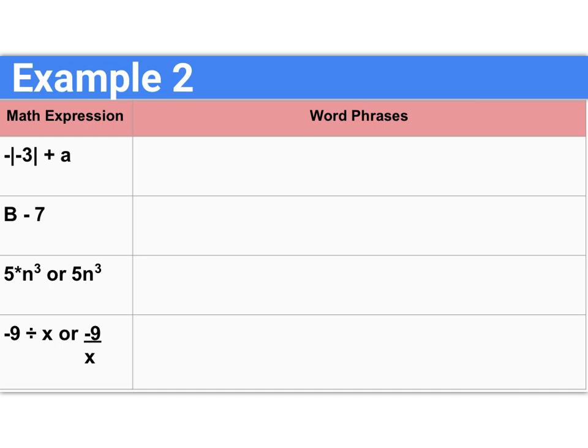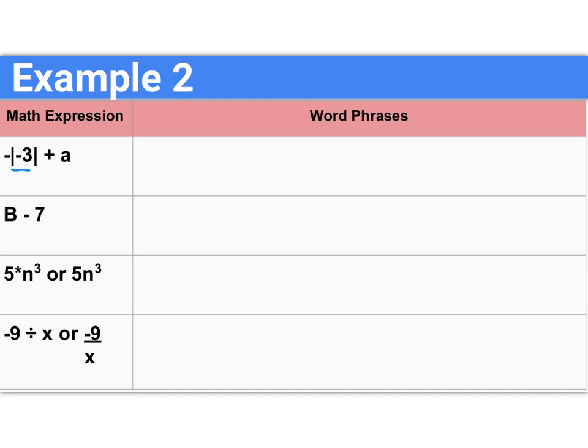Okay, now let's look at what we have. We have math expressions, and then we had to turn them into word phrases. So how do we say this? We read this. The negative of the absolute value of -3 plus a.